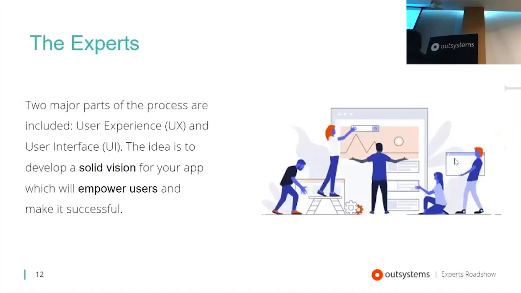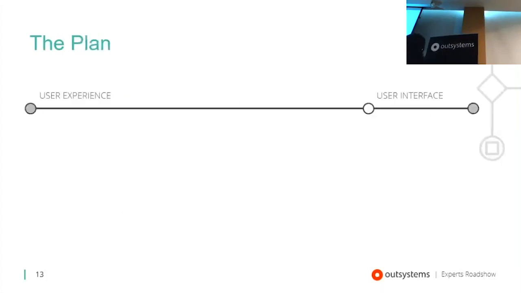So we try to build a solid vision for the application that will speak to the users, solve the real problems that they're going to have, and empower the users to make the right choice. And this is a very brief introduction to the plan.